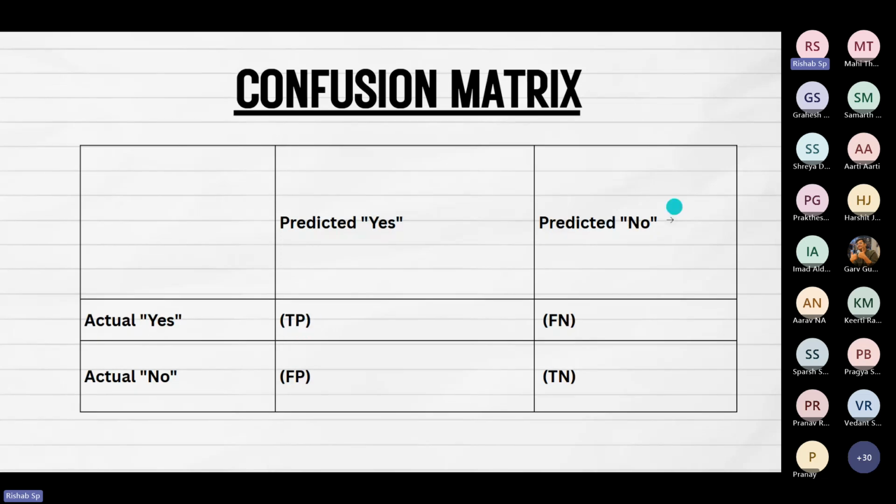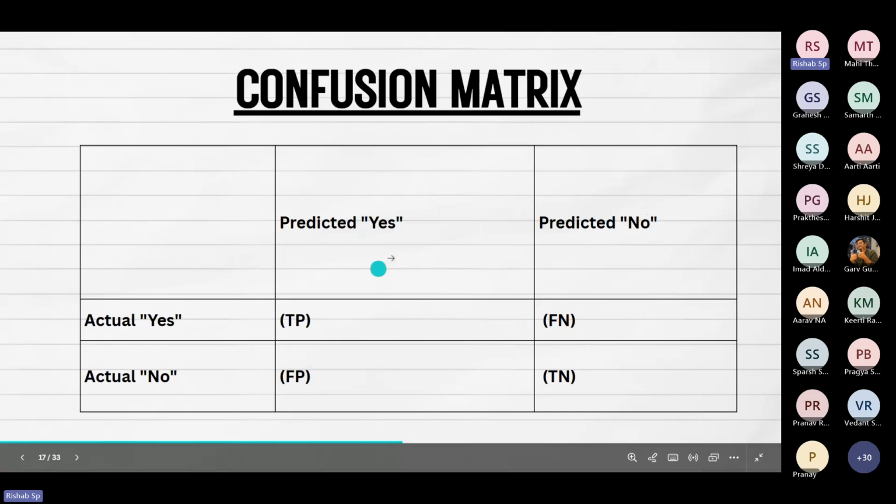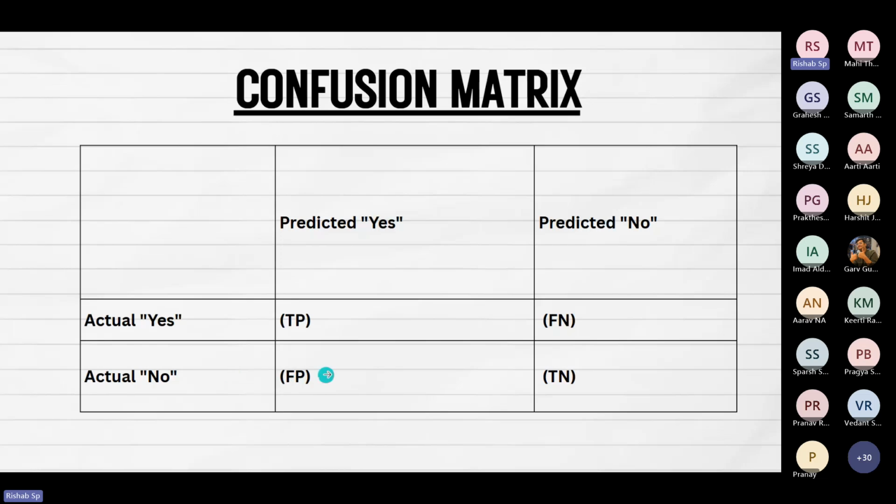I predicted no, but in reality it was yes, so it is false negative. The assumption was basically wrong. I predicted yes, but it was actually no, so false positive. Positive because I predicted yes; false because the reality was different.